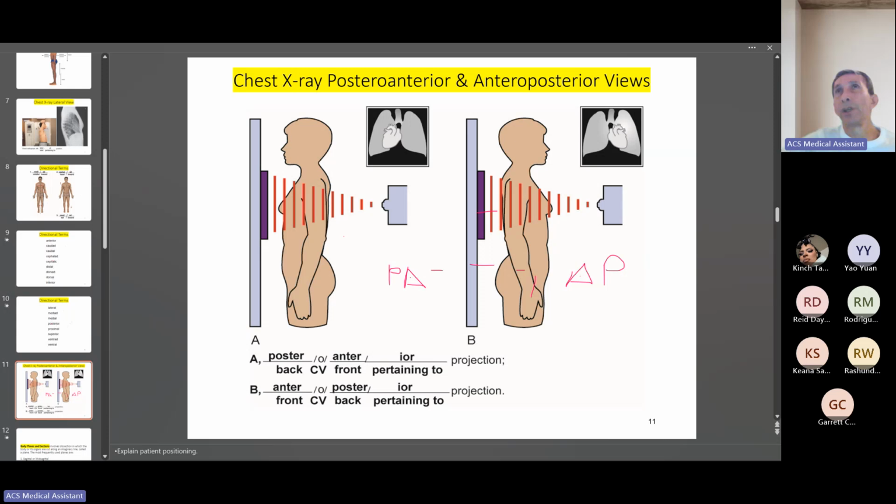So how do we know that this is anterior posterior or posterior anterior? It depends on the light. This light is going to be entering the anterior part first, and that is where it hits. So this will be anterior, posterior, and posterior, anterior.